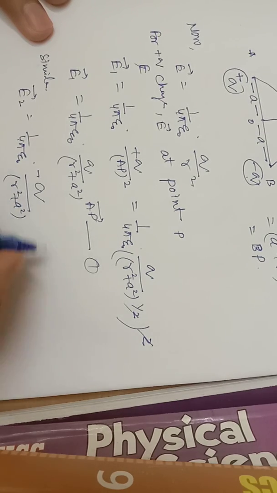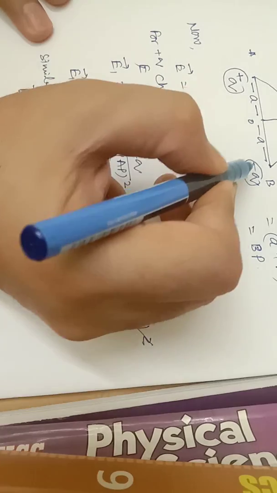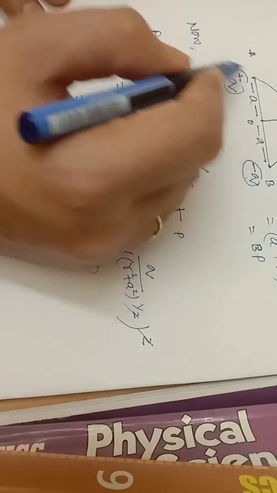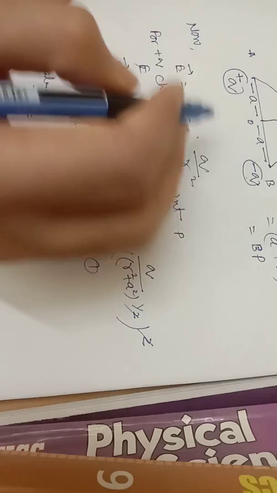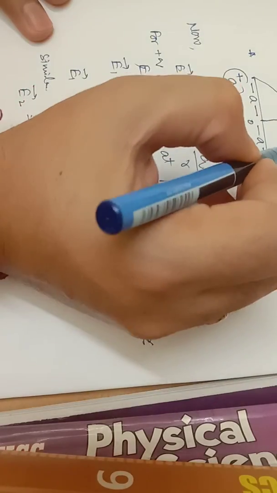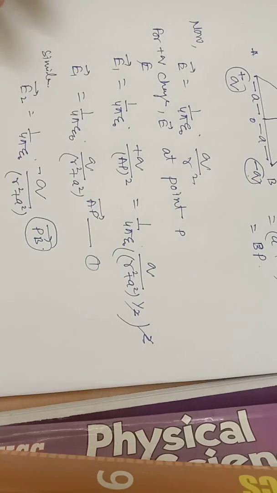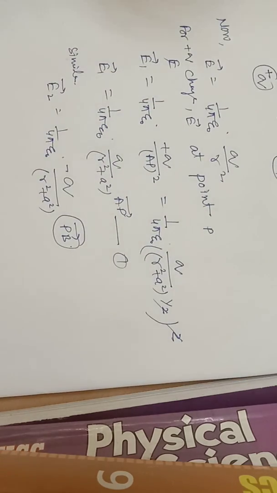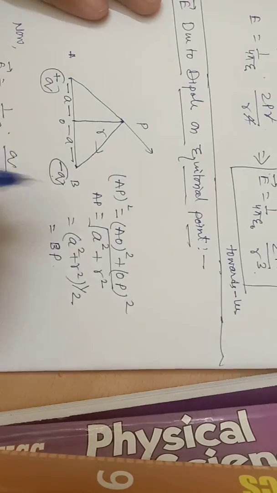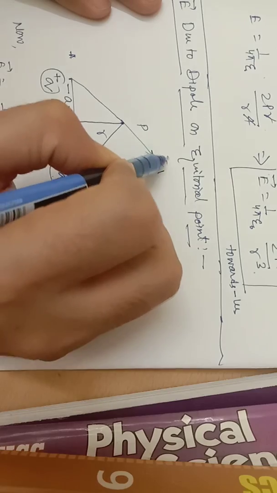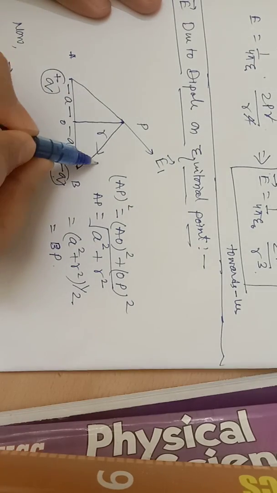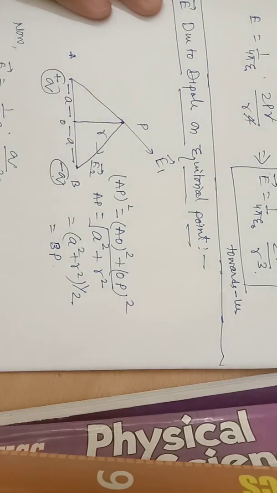Since the charge is negative, the field is away from positive and towards negative, so the direction for this will be from P to B. This is the twist here about the direction. So E1 will be here and E2 will be here.